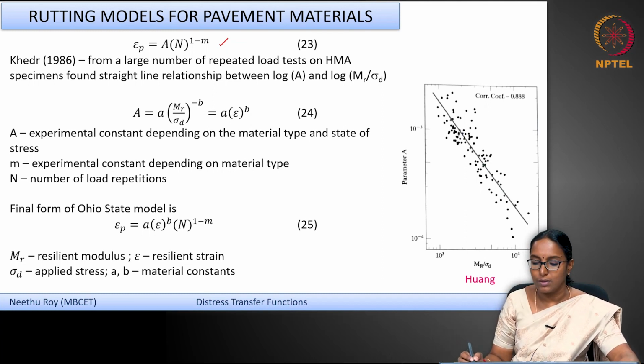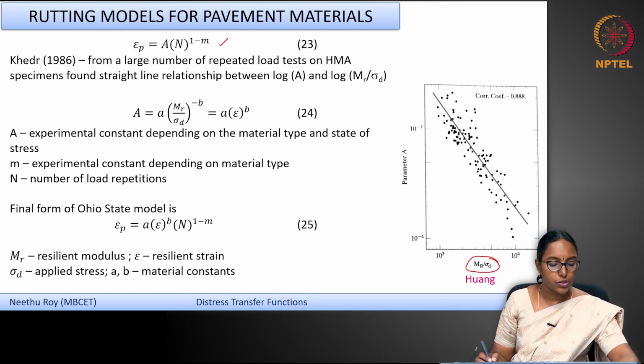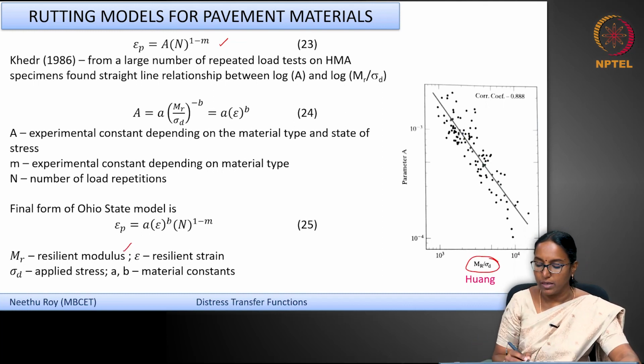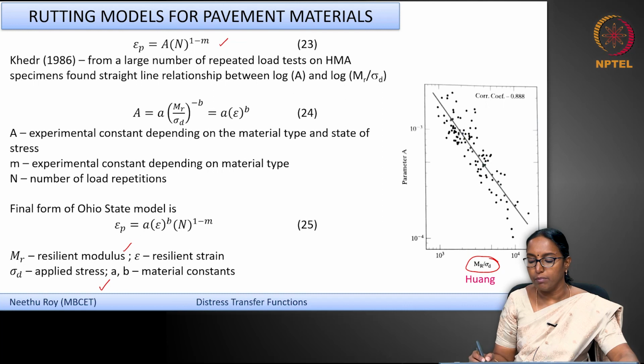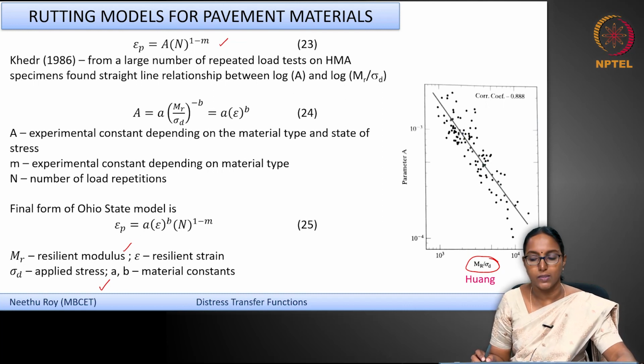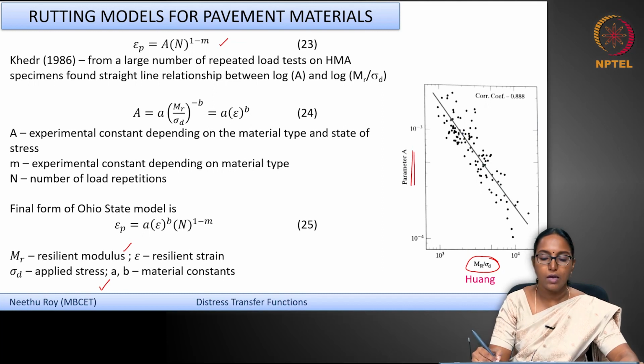As you can see here, there is a plot being made with MR by sigma D. MR represents the resilient modulus of the material, and sigma D represents the applied stress. So, you do a repeated loading test on the specimen having a modulus of MR and a deviator stress level of sigma D, and MR by sigma D essentially represents the elastic strain. The elastic strain versus this parameter A shows that there is a linear variation.